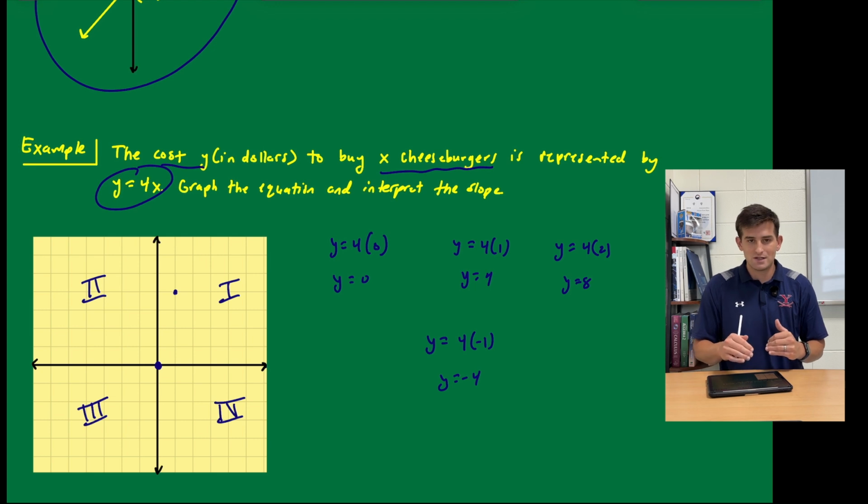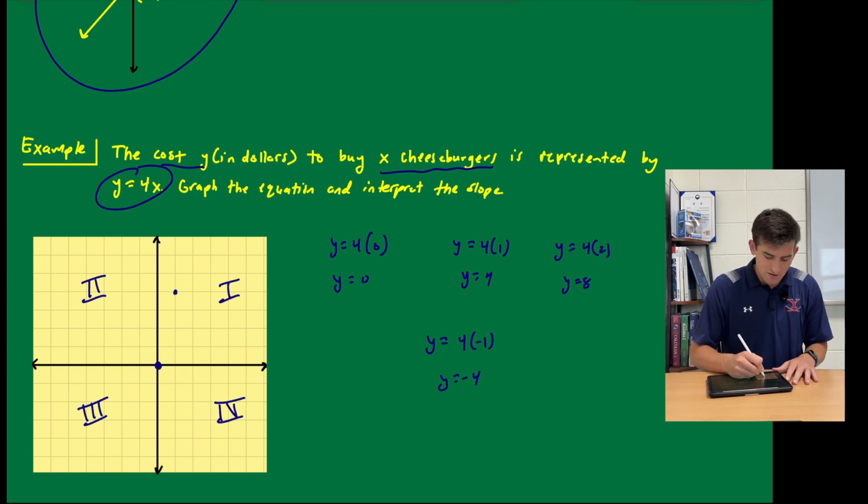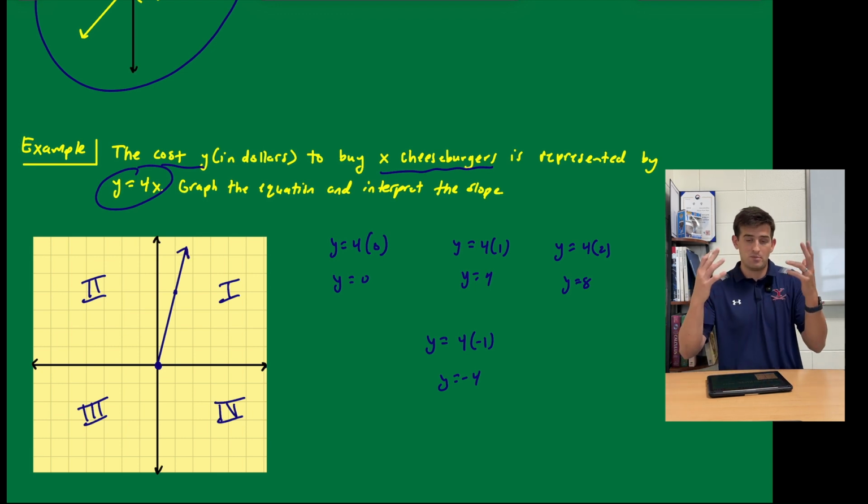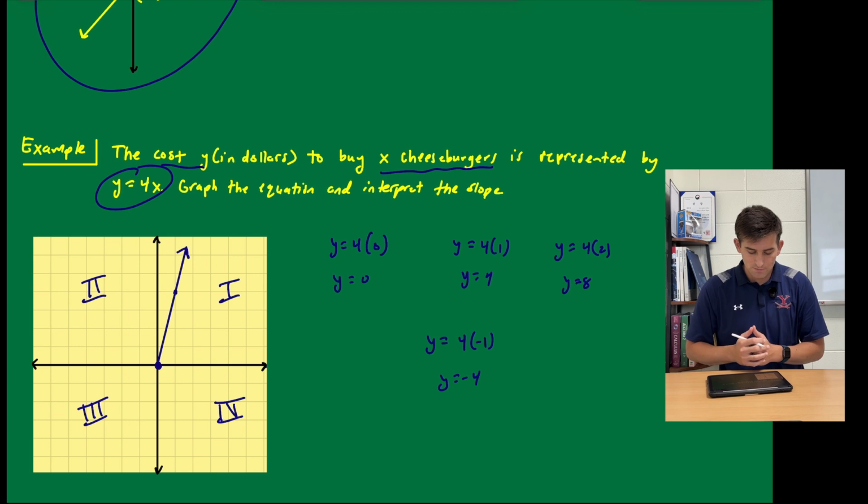But in this context, x is supposed to represent cheeseburgers. So if I graph -1, -4, that means I buy -1 cheeseburgers, and it just doesn't make sense, right? So that's why we don't include it. So I'm just going to start here at 0, 0, and I'm going to go up in the positive direction, both in my positive x values as well as my positive y values, okay?